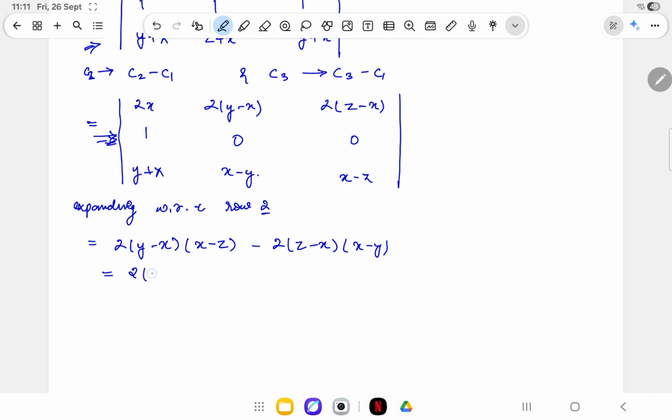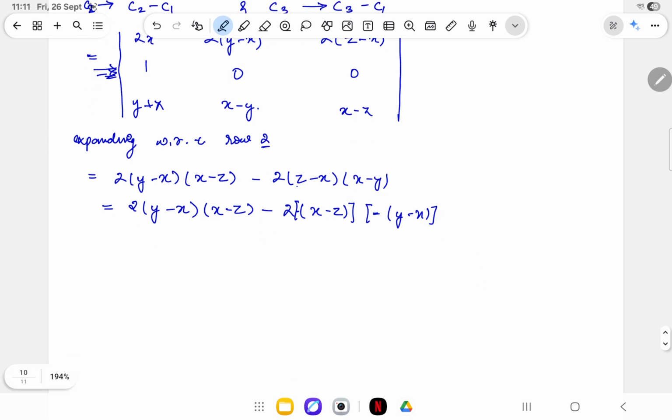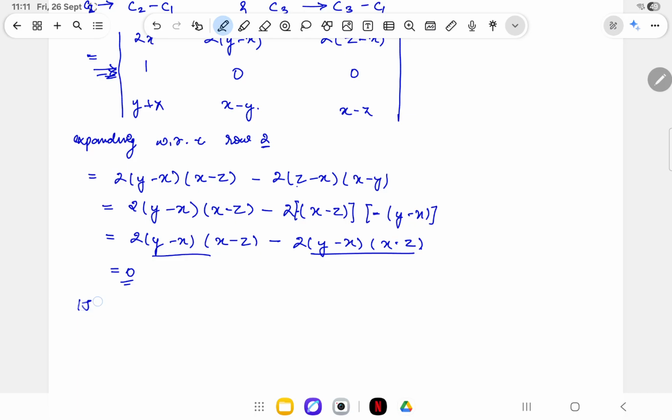I can write it as 2 times y minus x into x minus z minus 2 times, this will be x minus z into minus 1, so it will be minus of this term, and here also I can write it as minus of y minus x. So it is the same as writing 2 times y minus x into x minus z minus 2 times y minus x into x minus z, and this turns out to be equal to 0 because these two terms are the same. So our Jacobian is 0.